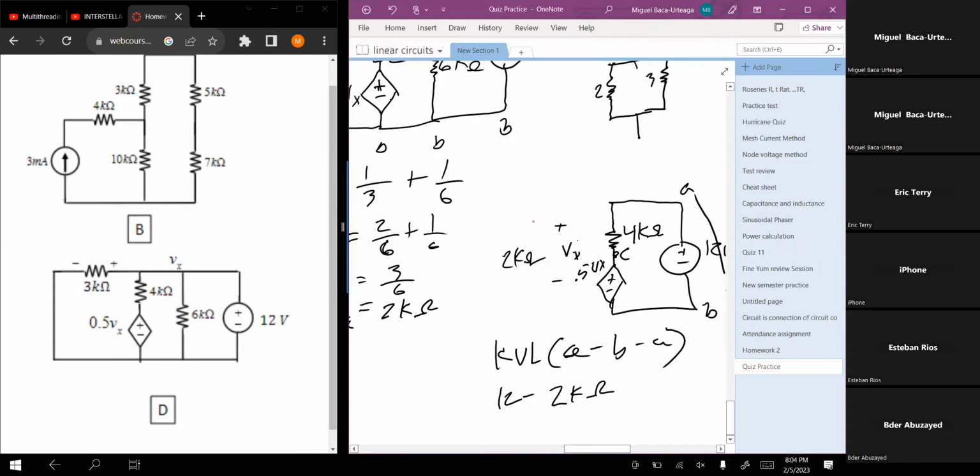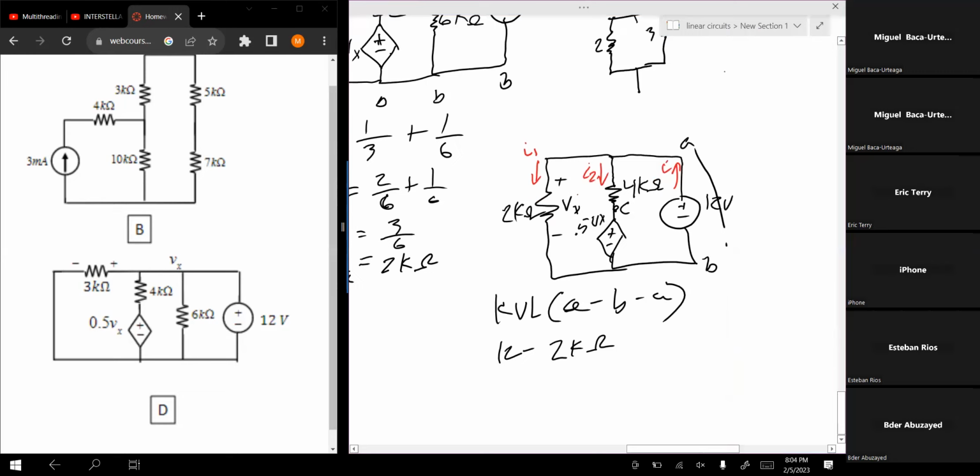So my assumed currents are going to go like this. So this is going to be I1, I2, and this one's just going to be I, right?